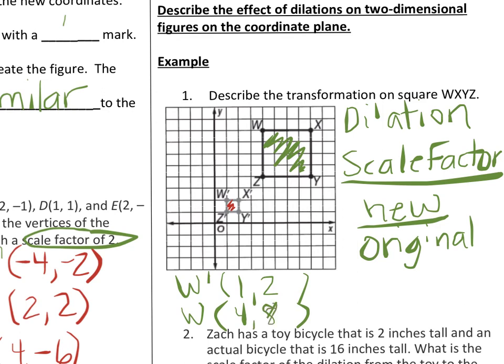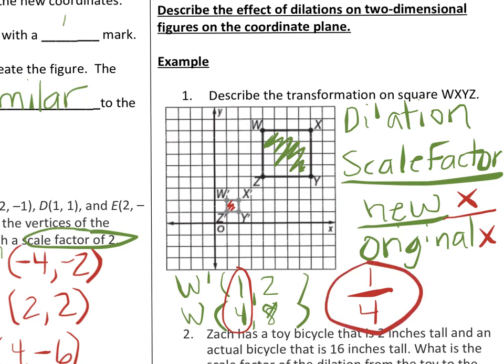So if I take one of those new coordinates and put it over the old one, the scale factor is 1 over 4. I could have done it with 2 over 8 because 2 over 8 reduces to 1/4. So it doesn't matter if I use x, then I could put a new x over the original x or a new y over the original y. Doesn't matter, I should get the same scale factor. So the scale factor is 1/4. So this is a dilation with a scale factor of 1/4.